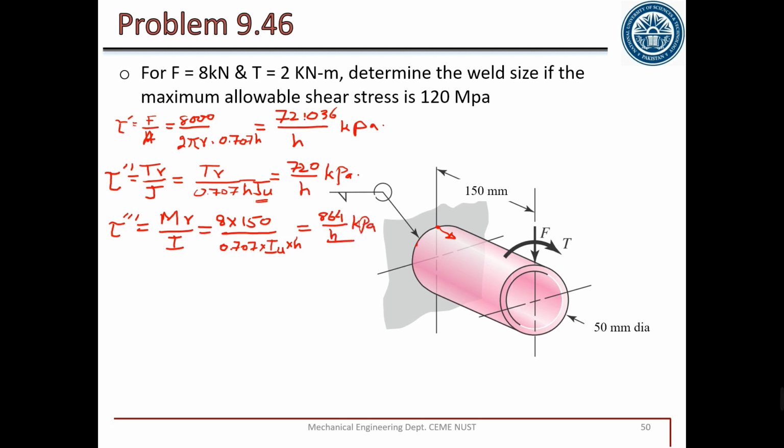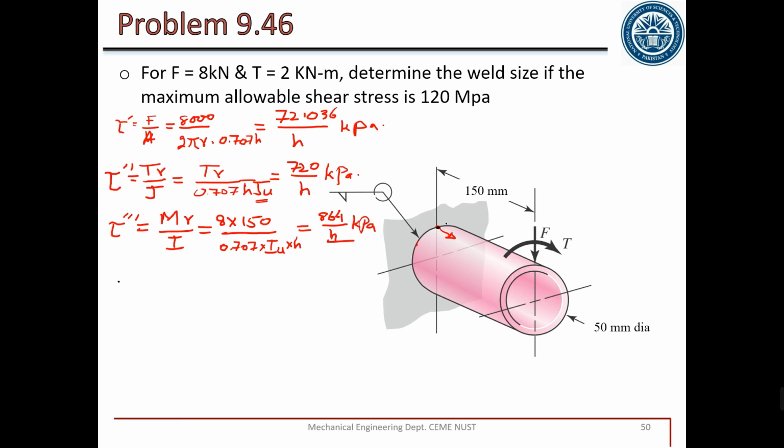Now we have primary shear, secondary shear, and tertiary shear. We have all the shear values. We need to calculate the resultant. And what is the resultant in this case? For example, we know that maximum bending is at the top.